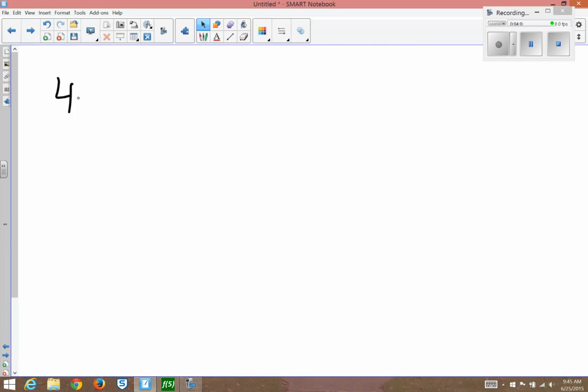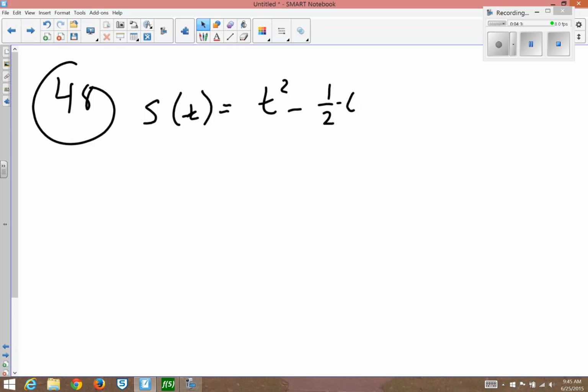Exercise 48. S of t, s is a function of t. It equals t squared minus 1/2 t plus 3.